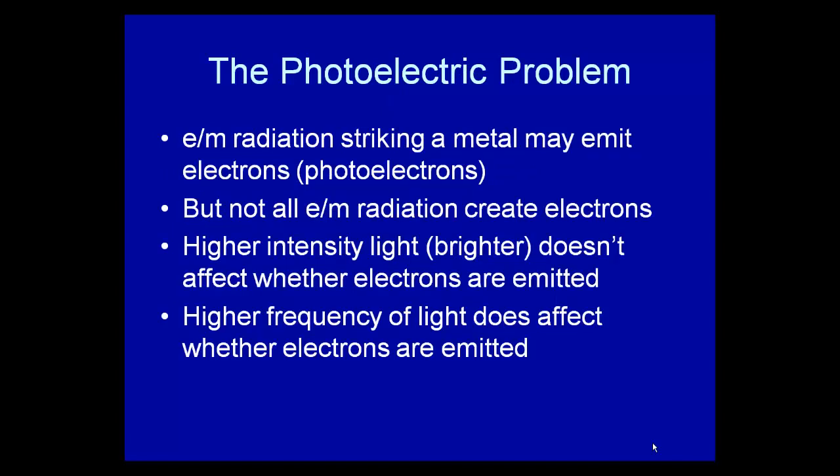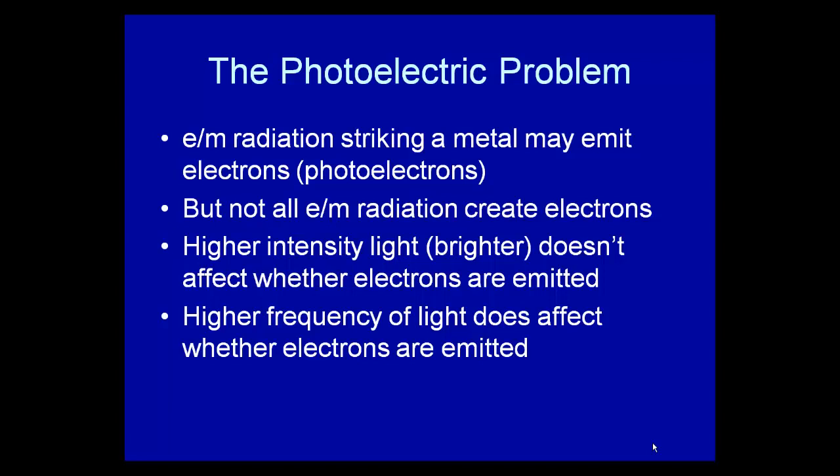We knew that electromagnetic radiation striking some metals may emit electrons. We call those electrons photoelectrons because they're being emitted by light. Photo means light. But we realized that not all electromagnetic radiation created the electrons. Now, a higher intensity light, for example a brighter light, doesn't affect whether electrons are emitted.